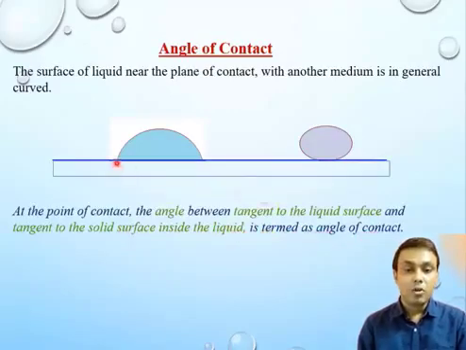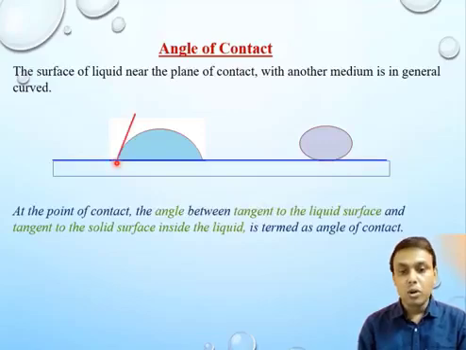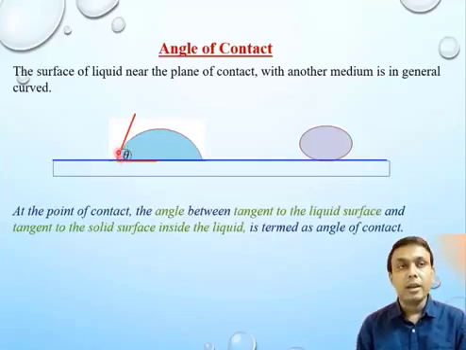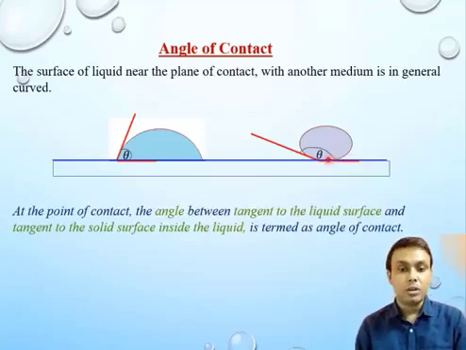That means যদি এই বিন্দুতে আমরা তরলের উপরিতলে একটি স্পর্শক টানি এবং যদি সলিডের সারফেসে একটি স্পর্শক টানি এদের মধ্যে যে কোণটি তৈরি হবে that angle is called angle of contact. Similarly here, this is the tangent drawn to the liquid surface, this is the tangent drawn to the solid surface, and the angle in between these two is the angle of contact.